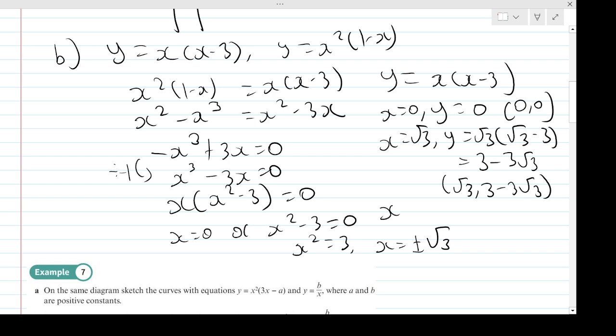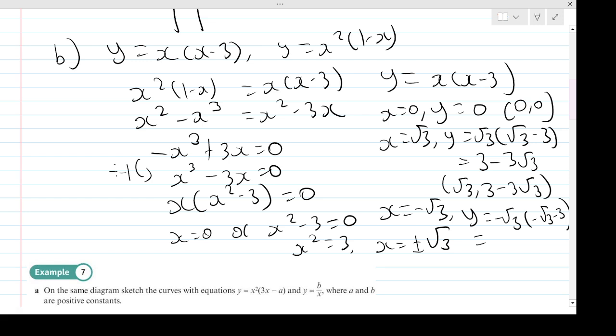Okay, cool. Then we have x is minus root 3 for the last value. Then y will be minus root 3 of minus root 3 minus 3. I might need to make room here. Can we squeeze it in? Yes, just about. Okay, let's expand it.